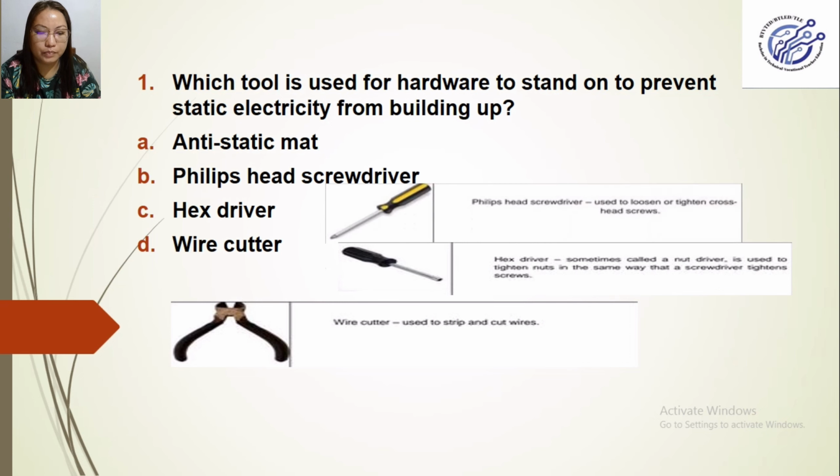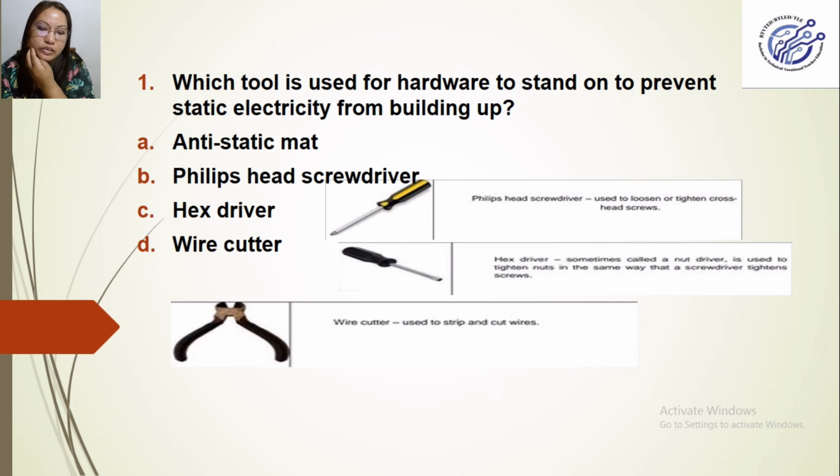So, itong si Phillips head screwdrivers, so familiar naman tayo dito kasi halos ng area natin sa TLE ay mai-encounter natin ito si Phillips head screwdriver. So, itong si Phillips head screwdriver ay siya po ang nagda-drive or naglulusin ng tighten sa ating mga cross head na screws.